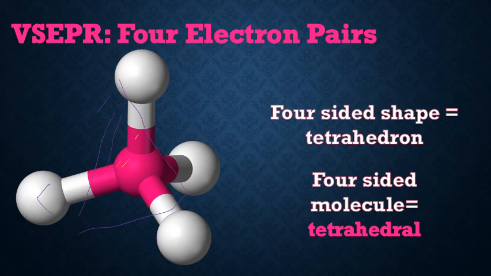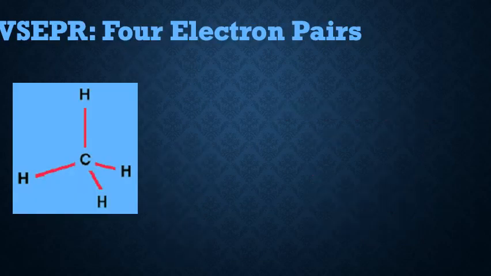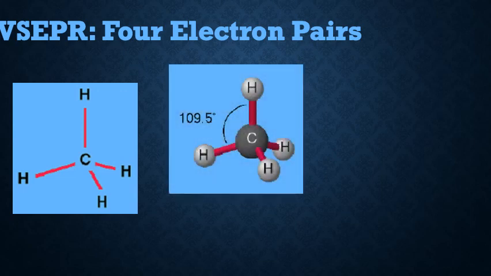If the central atom has 4 things around it, either bonds or lone pairs, the electron geometry is going to be tetrahedral. But then again, so is the molecular geometry. Methane is a classic 4-sided shape. It has 4 bonds. All of the bond angles are 109.5 degrees.